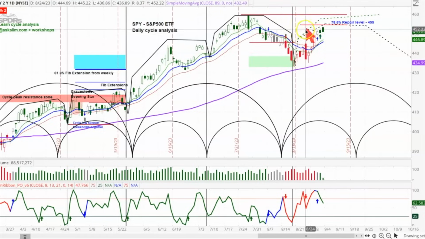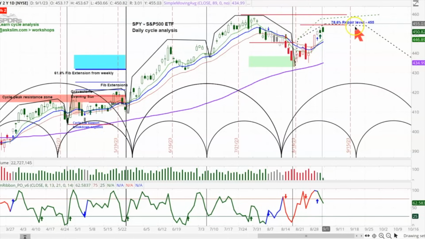It wouldn't be able to close above this level unless the selling strength had significantly gone away. That's what makes us look at changing when we see it get up to these repair levels.